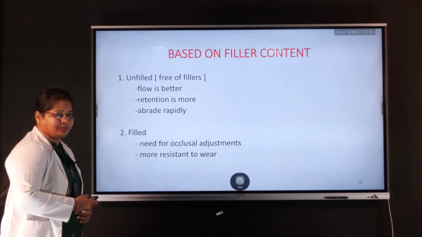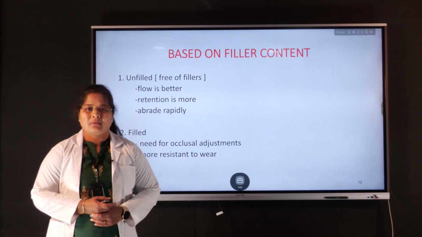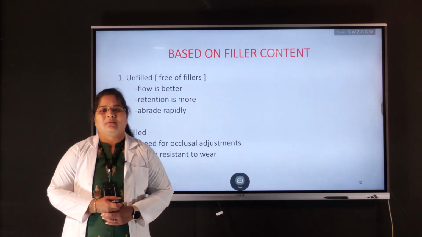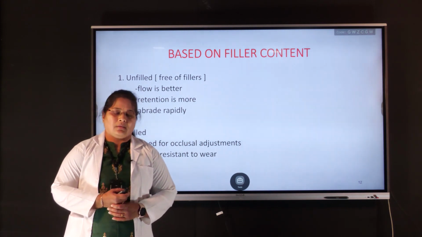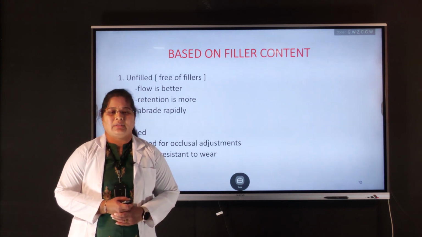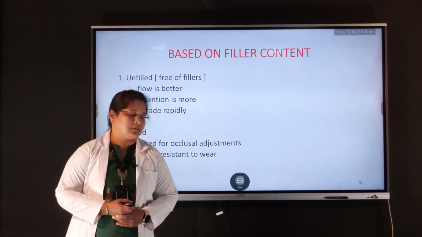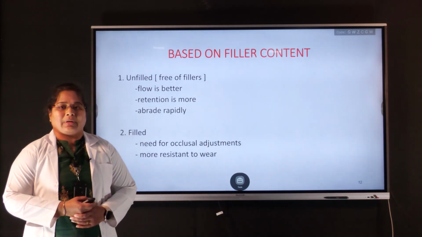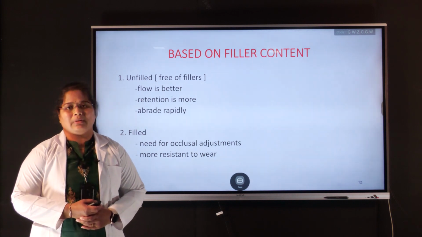Filled resins, strength is more. Disadvantages with filled resins are we need to adjust the sealant after application. We need to check for high points in the restoration, and they are more resistant to wear. That is the advantage with the filled sealants.